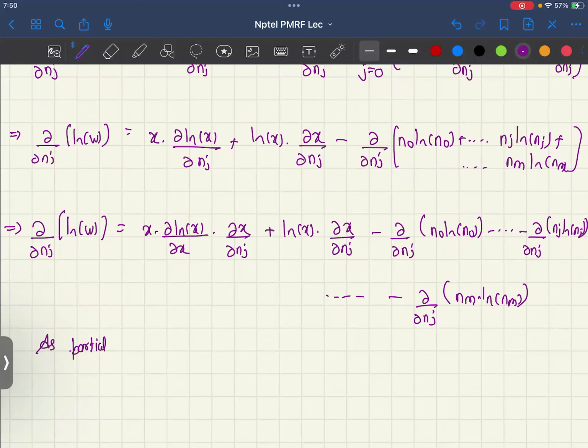Partial derivative with respect to nj is expressed as dou by dou nj, right?